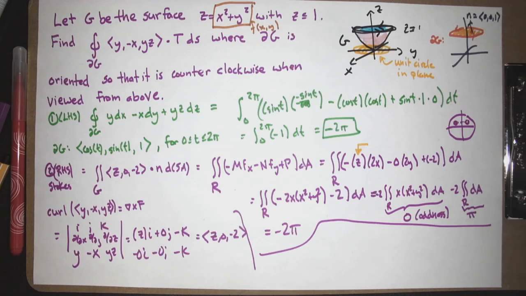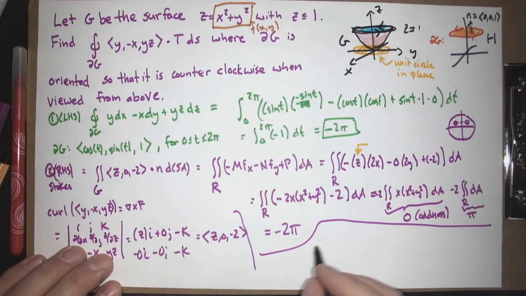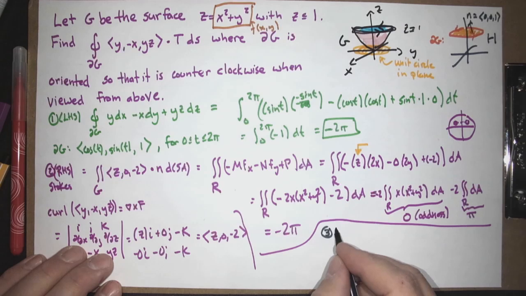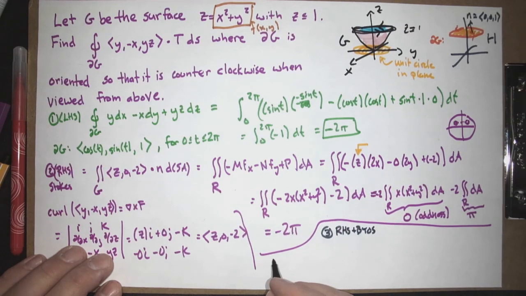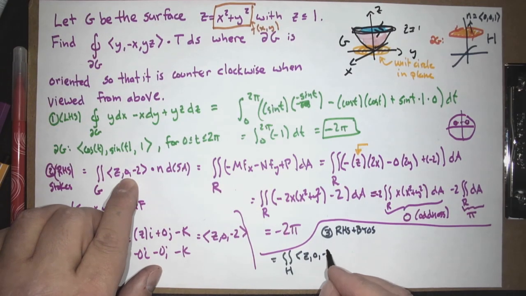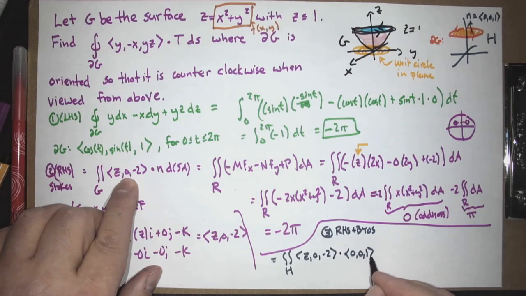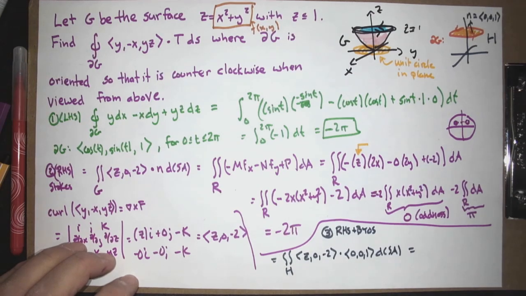Our normal vector is 0, 0, 1. When we talk about n, it's a unit normal vector. So we're going to work over the disk. We're going to do our option 3, right-hand side plus BYOS. This is the integral over the disk of, the curl's the same, we can actually save our work with curl later on, dot 0, 0, 1. What happens when you take this dot product?